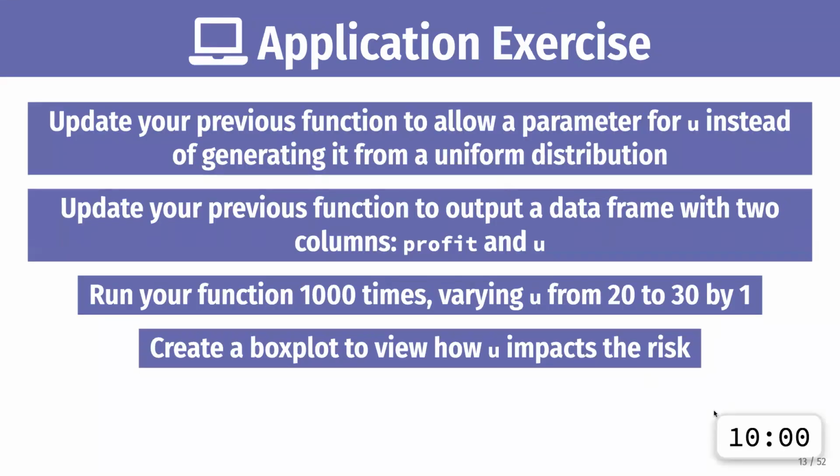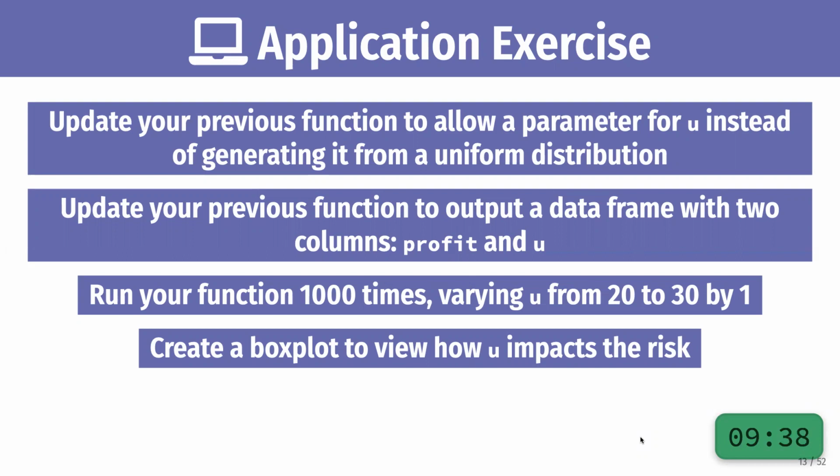So I want you to do the same update. Go ahead and update your previous function to allow for a parameter U instead of generating it from a uniform distribution. And then also update that function to output a data frame with 2 columns, profit and U. And then rerun this 1,000 times and vary U from 20 to 30 by 1.